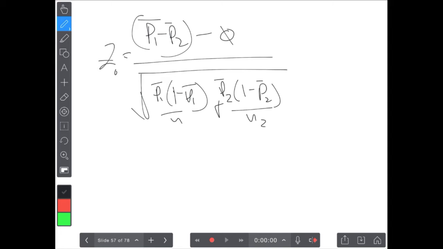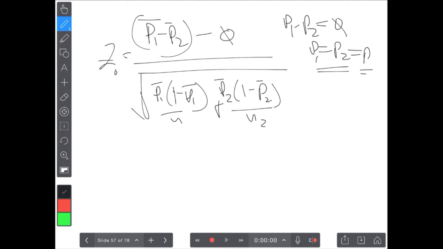Okay? But there's a problem. What's the problem? The problem is that in the null hypothesis, we will assume that p1 minus p2 we will set to 0, which means that p1 is equal to p2. If p1 is equal to p2, then it's equal to a constant p.